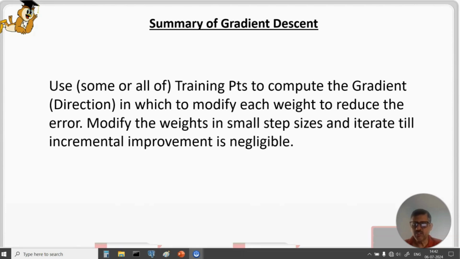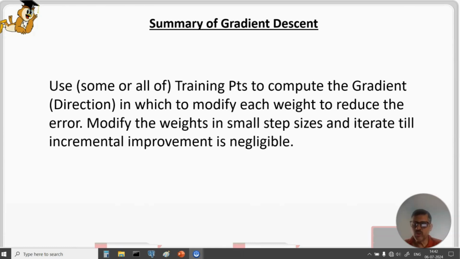And what we said was that we were going to compute the mean square error over the training points using either all or some of them. Okay. Compute the gradient of the error function at each point and use that gradient to change the values of the weight in a manner that reduced the error. Okay.